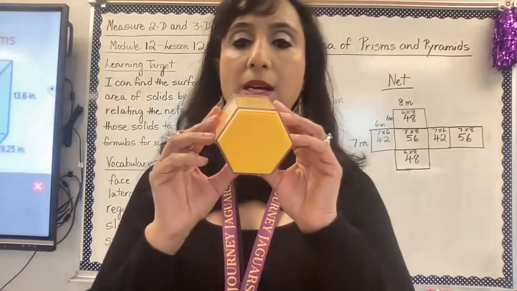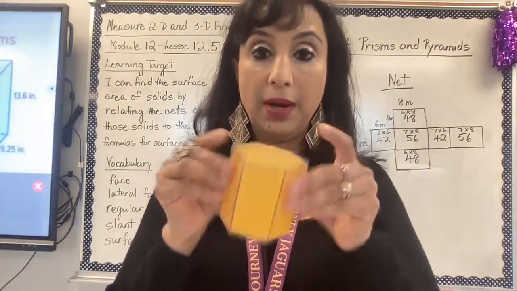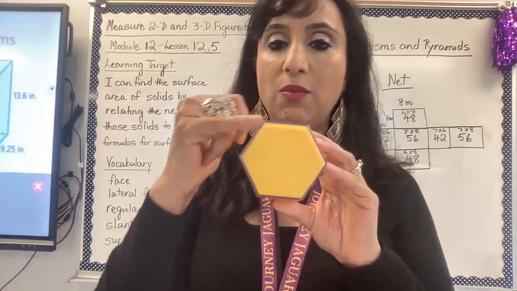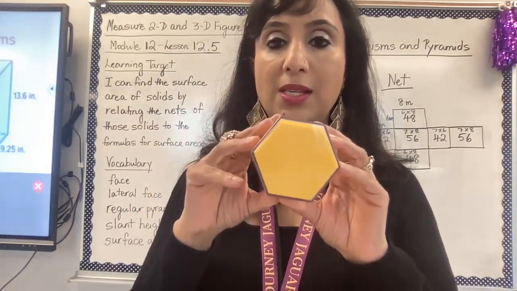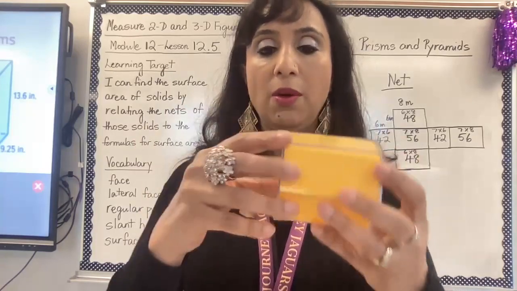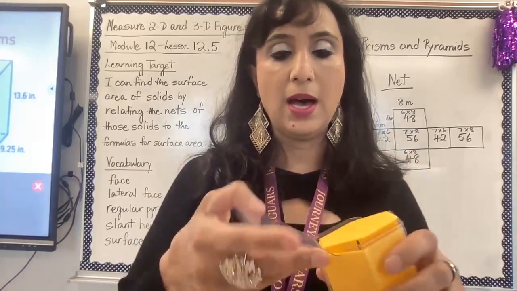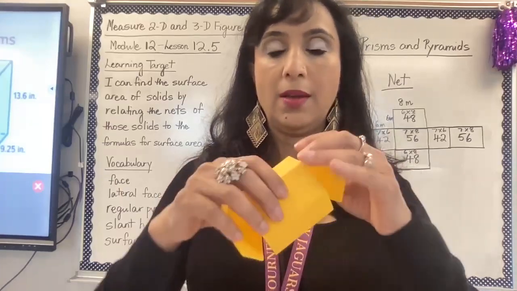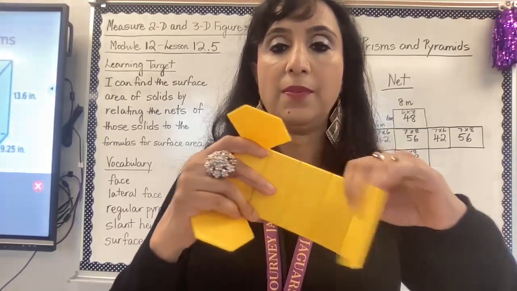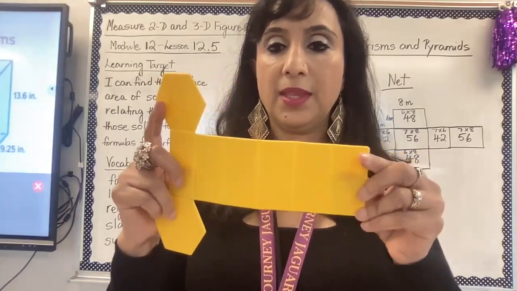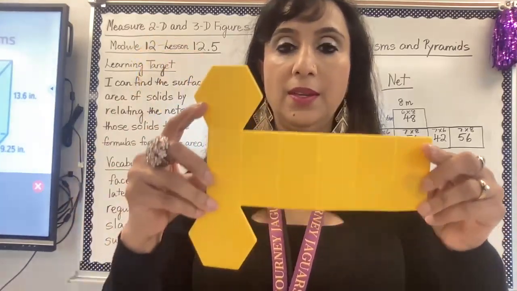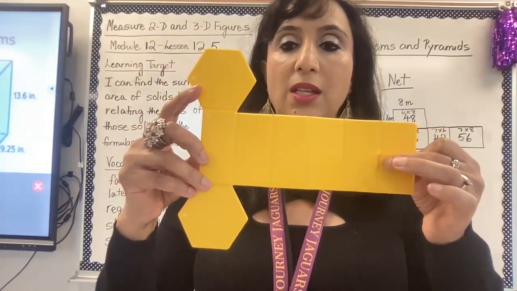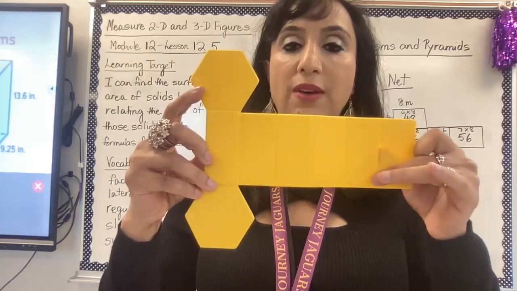This is a prism, because top and bottom are exactly the same. And knowing how many sides I have, 1, 2, 3, 4, 5, 6, it's a hexagonal prism. So if I open this up, look, here's the net. Since it's hexagonal, how many sides do you think the rectangles will have? 1, 2, 3, 4, 5, 6.